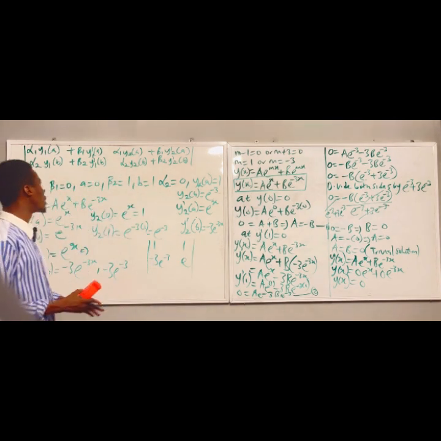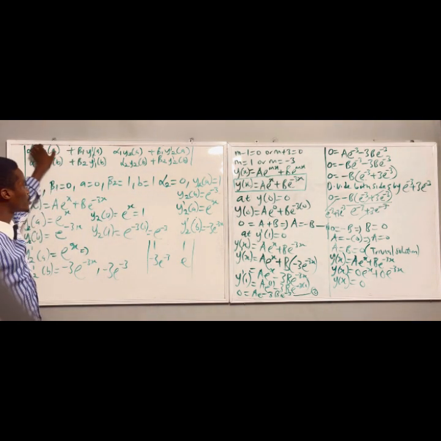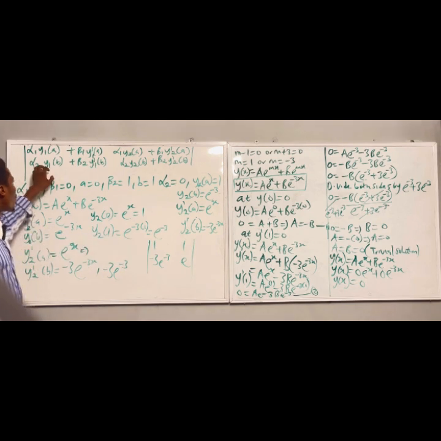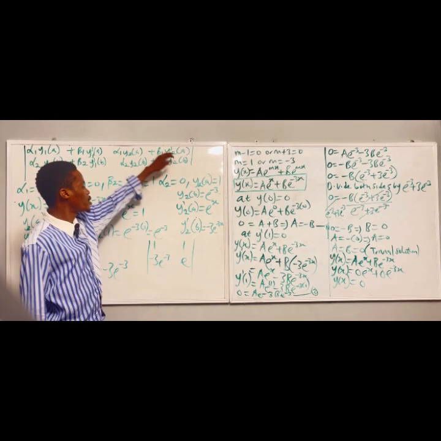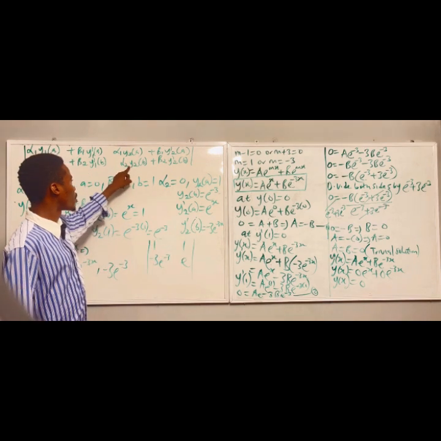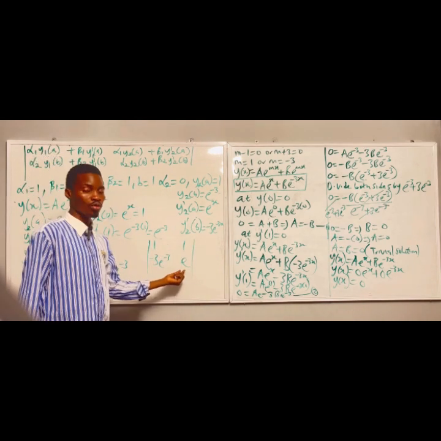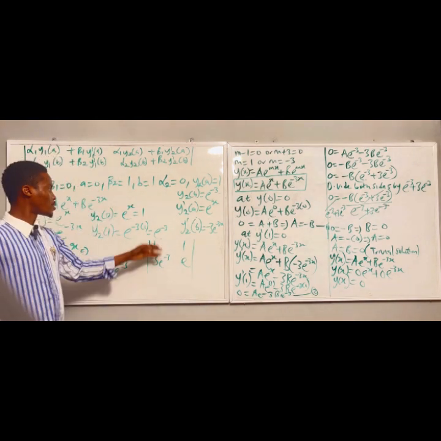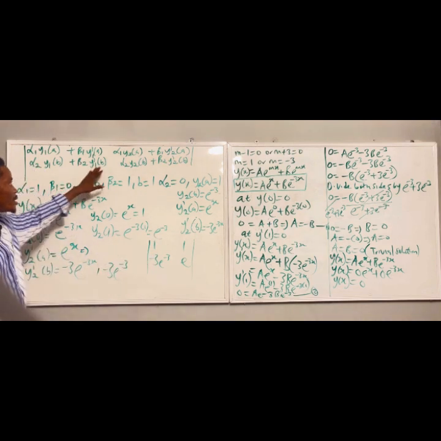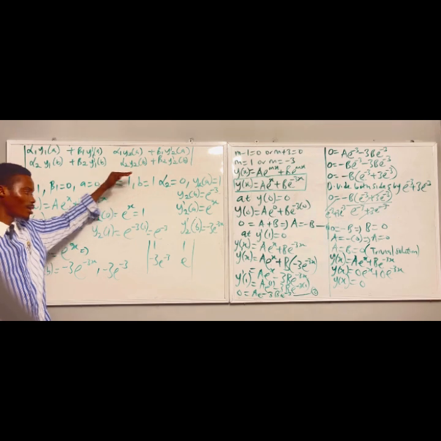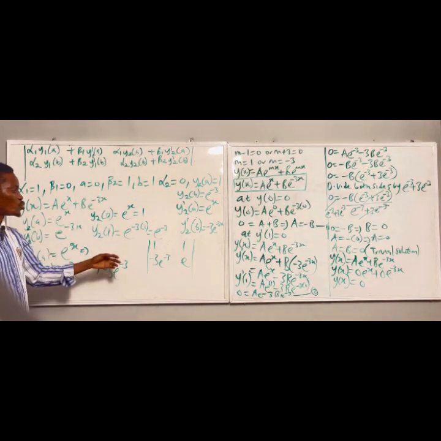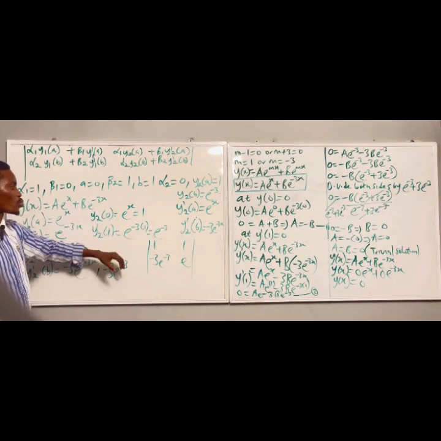If I solve this, all this will give me 1, all this will give me minus 3 exponential minus 3, all this will give me 1. Then alpha 2 y2 of b plus this is going to give me e. I've written the constants of all this alpha and beta outside. So we just plug in all these things according to what is here.